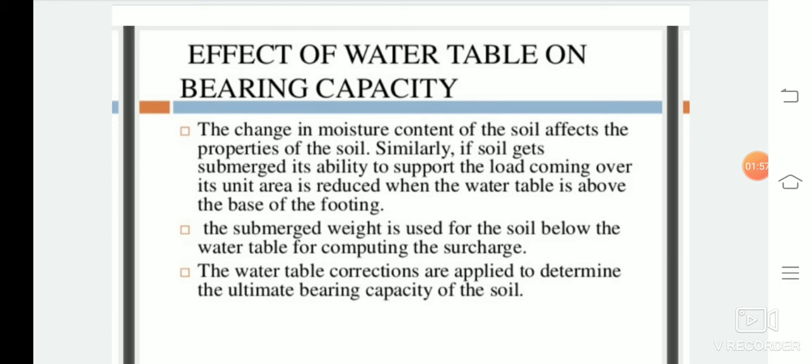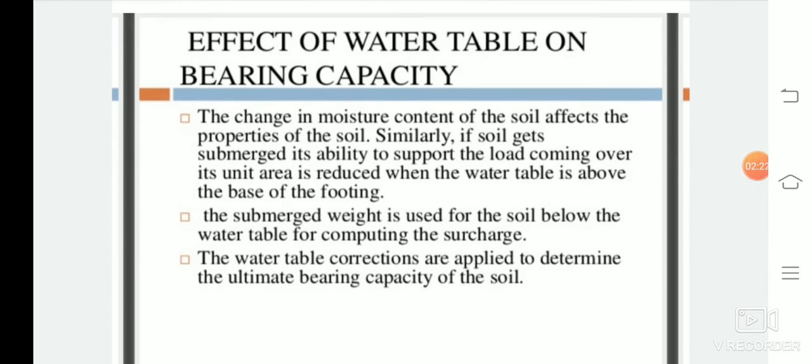The change in moisture content of the soil mostly affects the properties of the soil. If the soil gets submerged, its ability to support the load coming from the superstructure will be reduced when the water table is above the base of the footing.